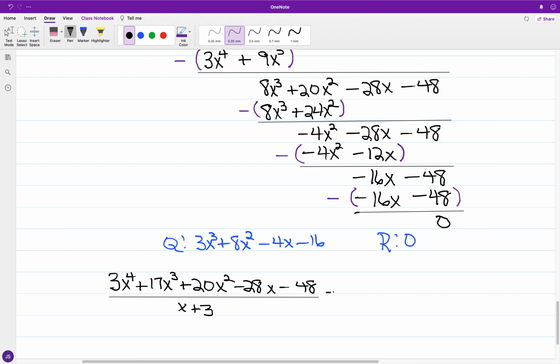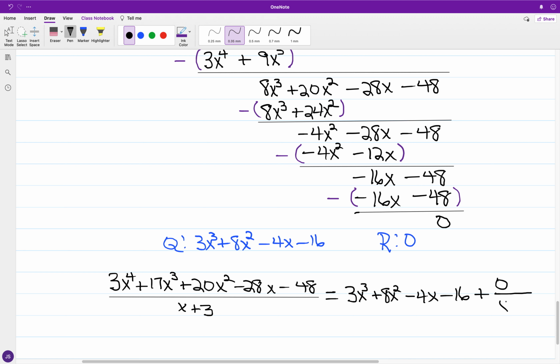Okay. So again, we have the quotient, 3x cubed plus 8x squared minus 4x minus 16. Now this would be your answer, but just like in ALEKS terminology, you want to add in the remainder, even though it is negligible.